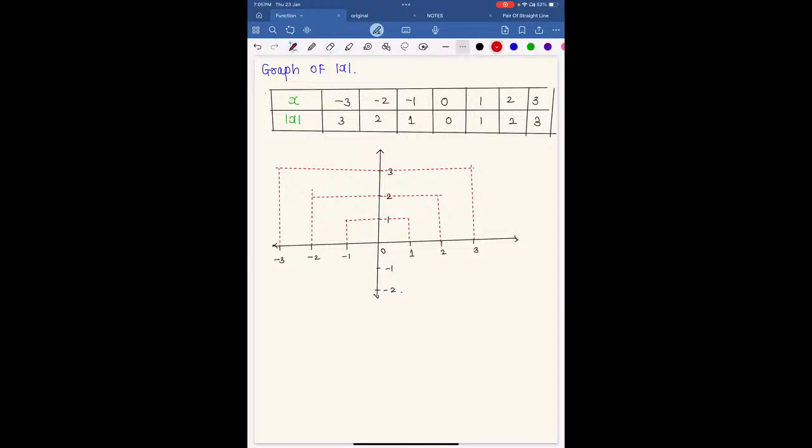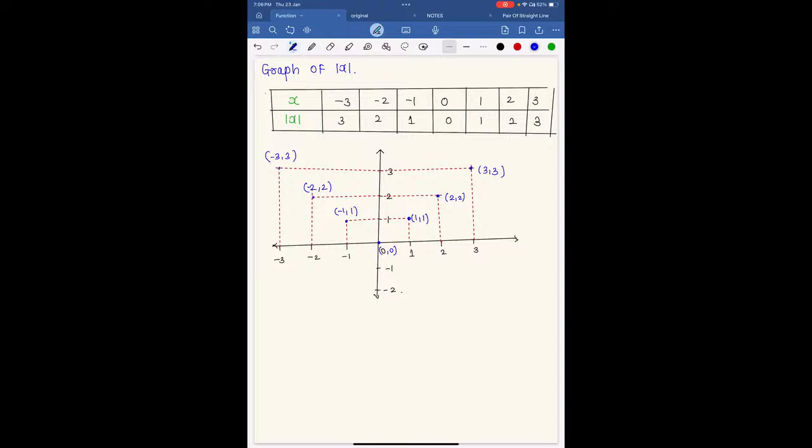Okay. So first point is, so this is minus 3 comma 3. This is minus 2 comma 2. This is minus 1 comma 1. This is 0 comma 0. It is 1 comma 1. This is 2 comma 2 and this is 3 comma 3. Now join this point, we get nature of graph.